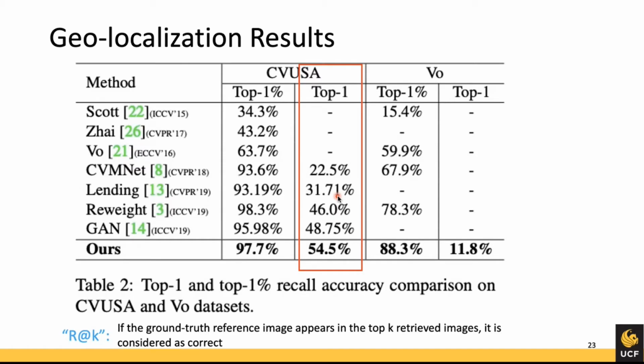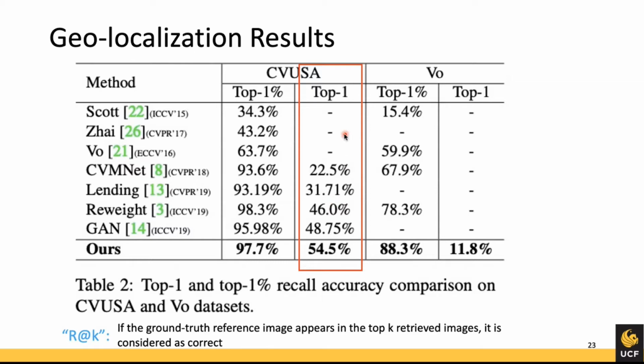We did some experiments on two benchmark datasets. One is CVUSA, the other is the VO dataset. If you look at the top one recall accuracy, recall at K means that if the ground truth reference image appears in the top K retrieved images, it is considered correct. So top one means we only retrieve one image, and that should be the ground truth image for it to be considered a correct retrieval.